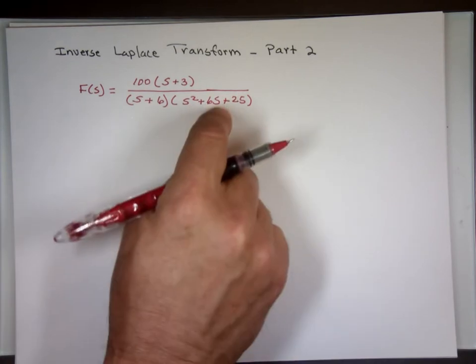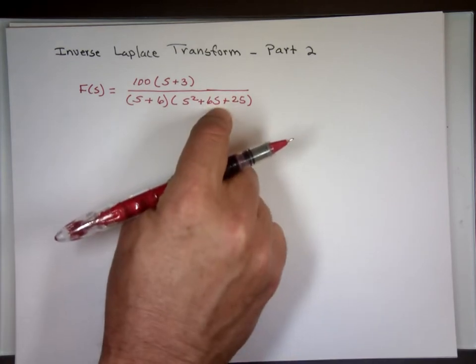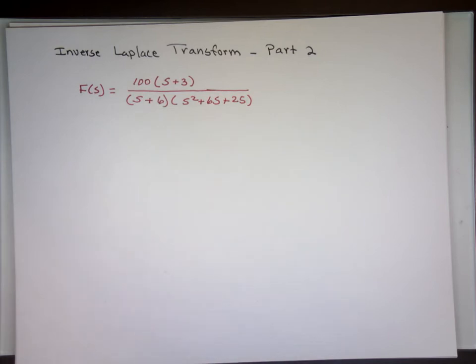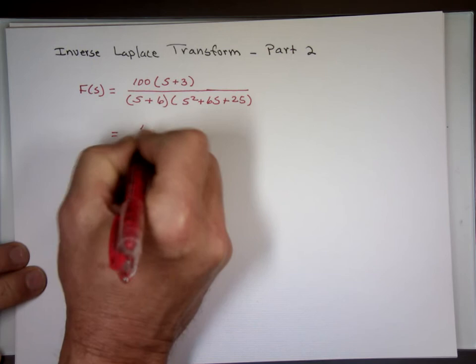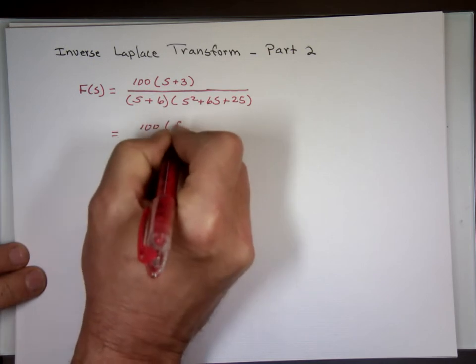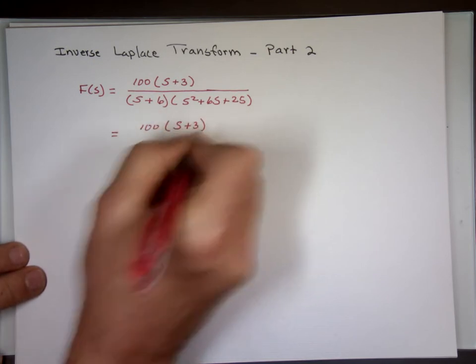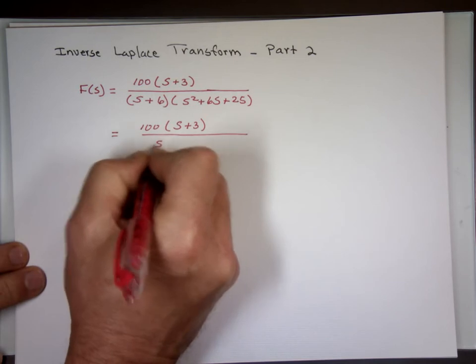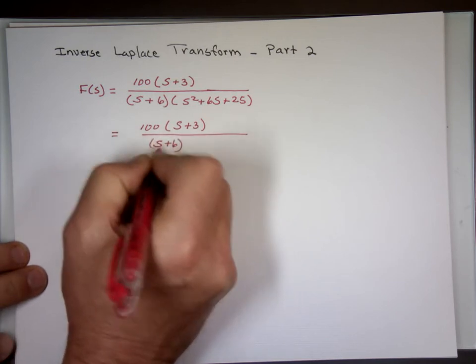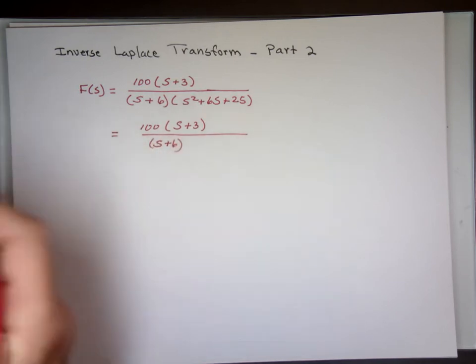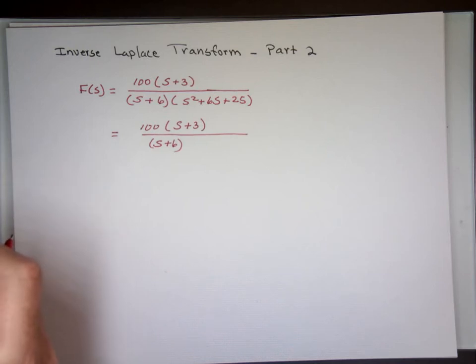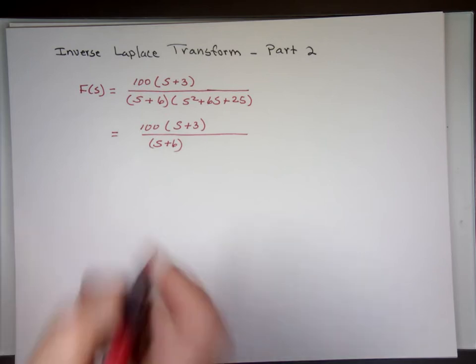We can factor this. So instead of using the quadratic and completing the square like we do normally in math, you can actually factor that. And if I remember, we did factor that. Was it S plus 3 minus 4j and S plus 3 plus 4j?